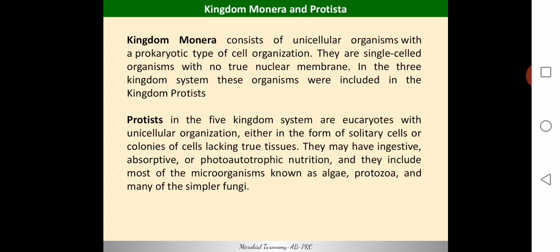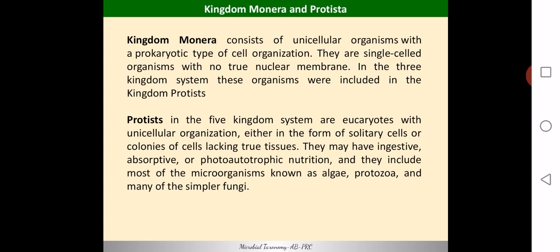So what is kingdom Protista in the five kingdom classification? Here the protists cover eukaryotic organisms with a unicellular organization. Most of them are solitary cells, or cells lacking true tissues.